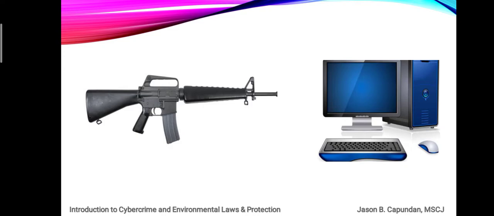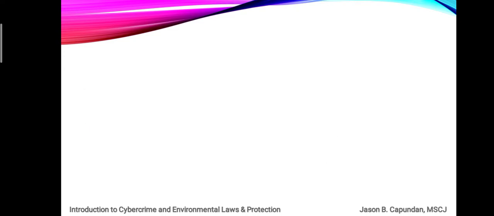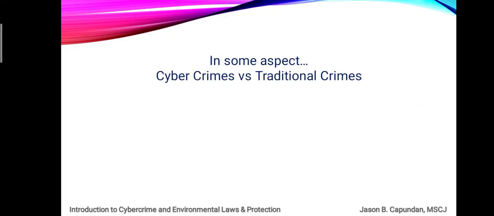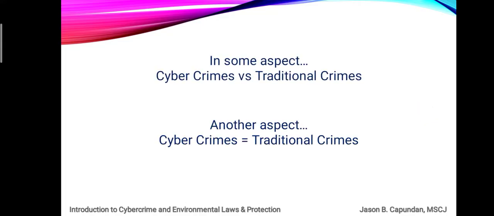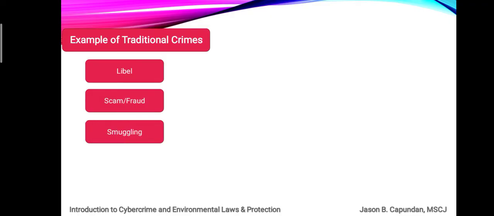So now, let us discuss the difference between traditional crimes and cybercrimes. As an example of traditional crimes, we have libel, we have scam or fraud, we have smuggling, and then we have identity theft. And we also have terrorism, which is not included in the list.